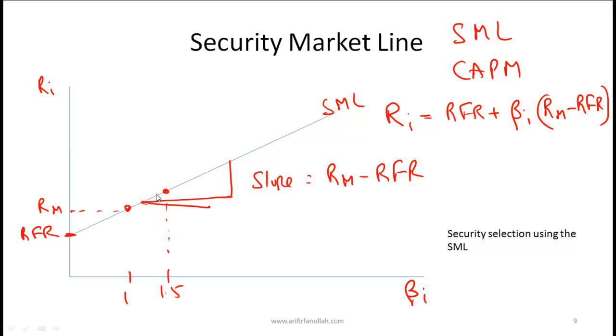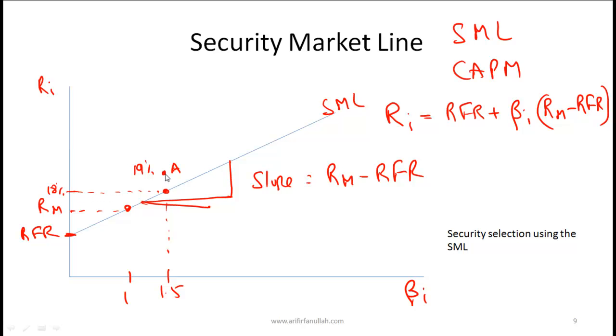So how do we identify mispriced securities? Let's say that security A shows up over here, which is saying that security A has a beta of 1.5, but we are expecting a return of, let's say, 19% on A. But let's say that this point over here, which is on the security market line, is at, say, 18%.